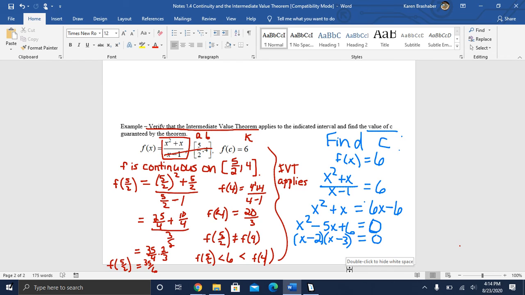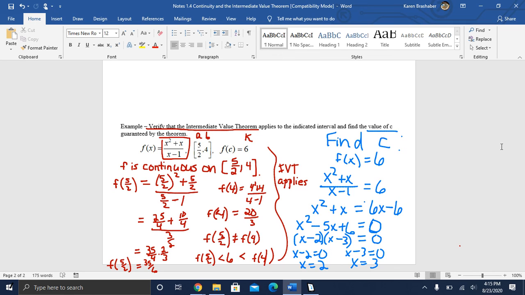And then setting each of those factors equal to 0. So if we set x minus 2 equal to 0, we find out that x equals 2. If we set x minus 3 equal to 0, we find x equals 3. Now, it's possible that you could have two c values, but we need to check out the interval. The interval was from 5/2 to 4, so from 2.5 to 4.